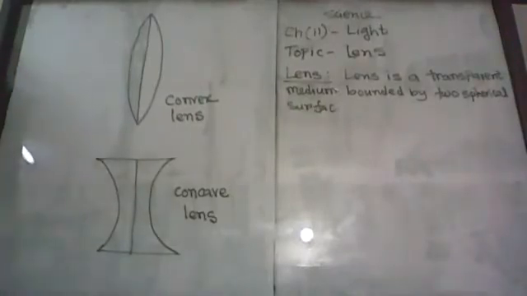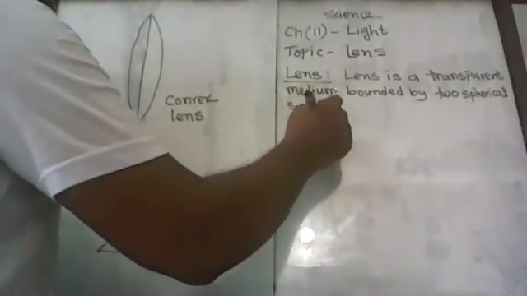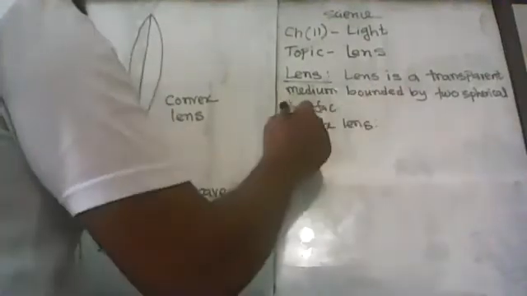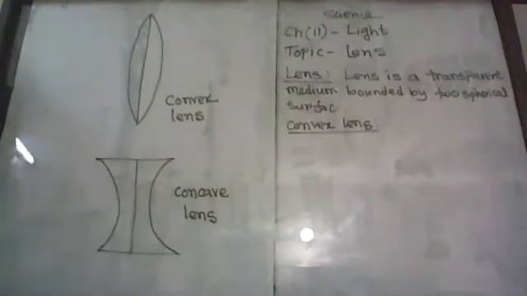Now, I'm going to write down the definition of convex lens. So, convex lens. Let's see what is called convex lens. You see here, a convex lens is a special type of lens.